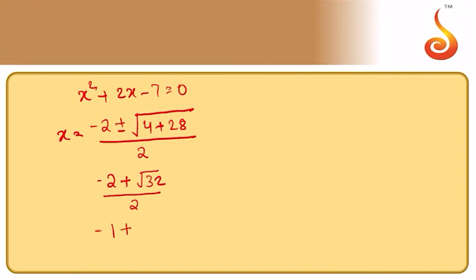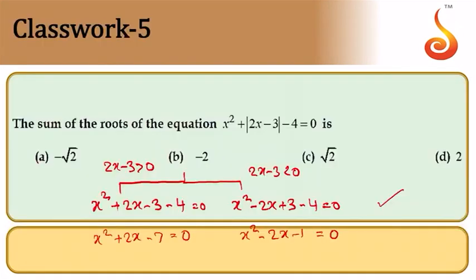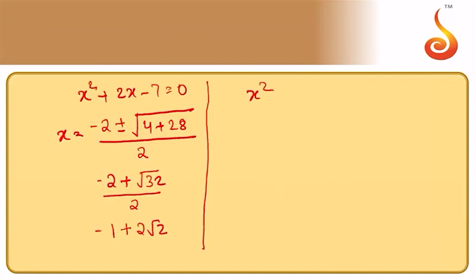Or we can write minus 1 plus... 4 will be cancelled. 8 4s are 32, 16 2s are 32. We'll get 16 means 4, so 2 root 2. This is one root, because x must be greater than 3 by 2.